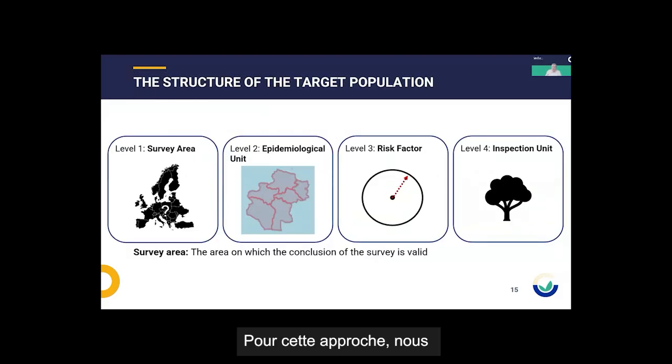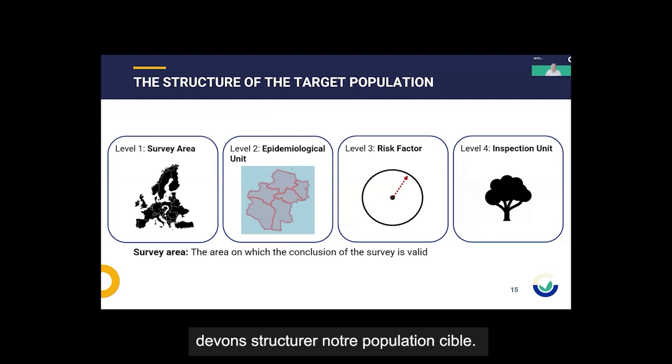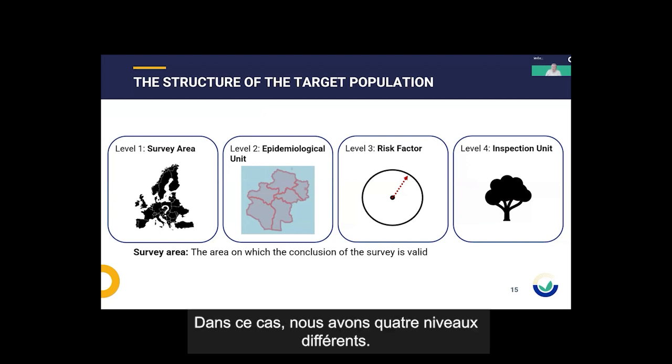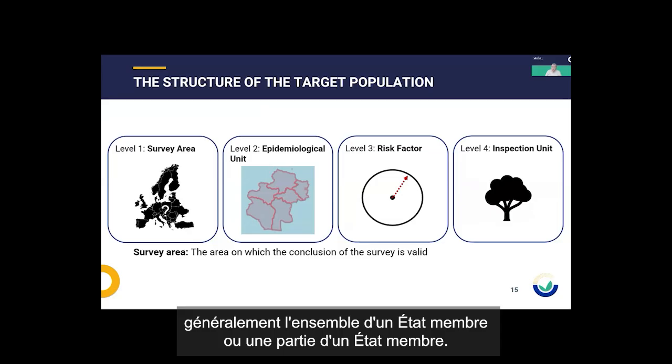For this approach, we have to structure our target population with 4 different levels. At the highest level, we have the survey area, that is usually the whole member state or a part of the member state.